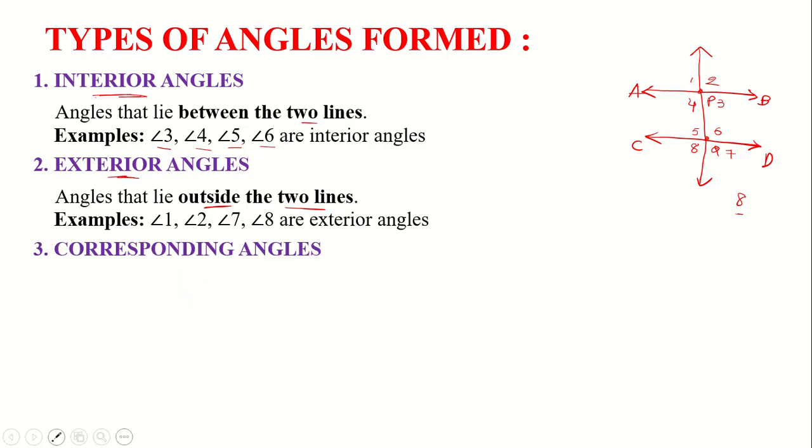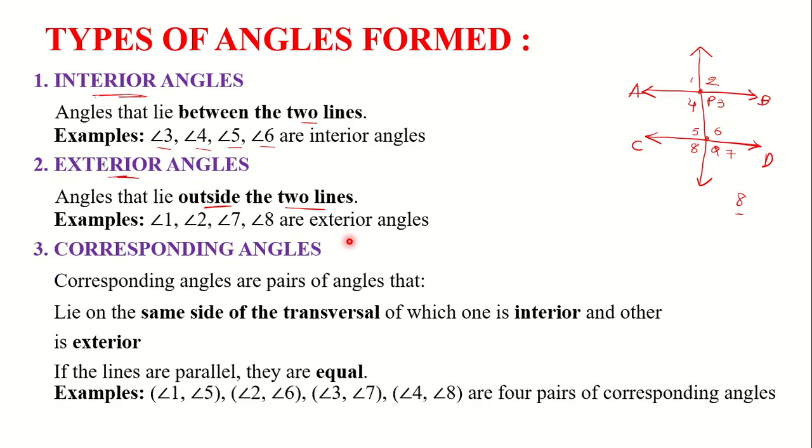Next, corresponding angle. What is a corresponding angle? So this is one more type of angle which is formed. Corresponding angles are pairs of angles. So in interior angle and exterior angle, single, individual angles are formed, whereas coming to corresponding angles, we have a pair of angles.